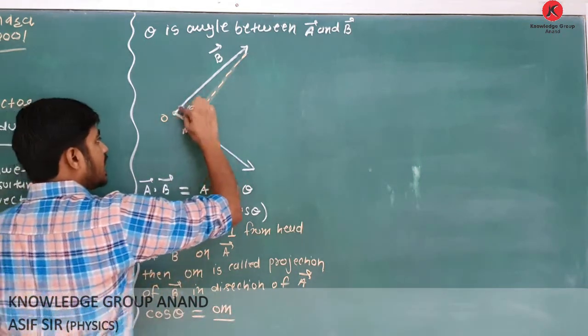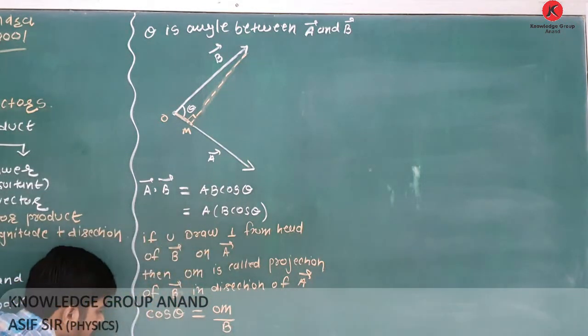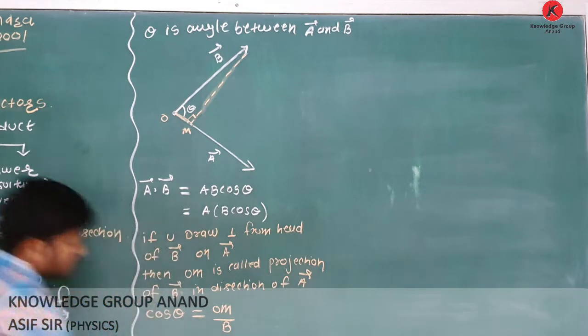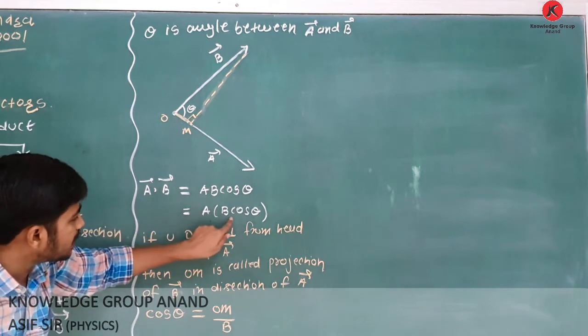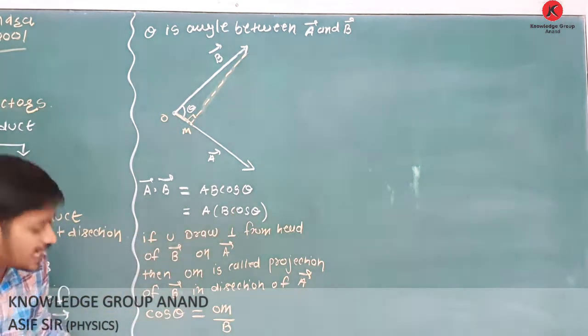Adjacent side is OM, and hypotenuse is the magnitude of vector B. So OM is equal to B cos theta. So in this equation, I can replace this B cos theta as OM.